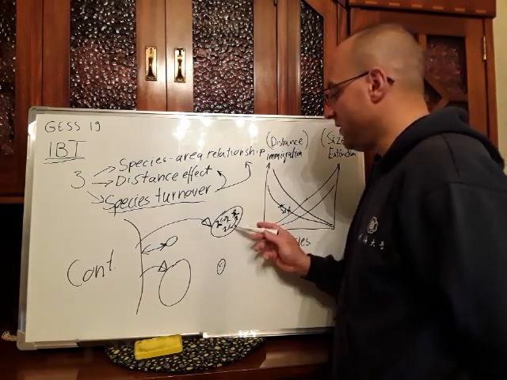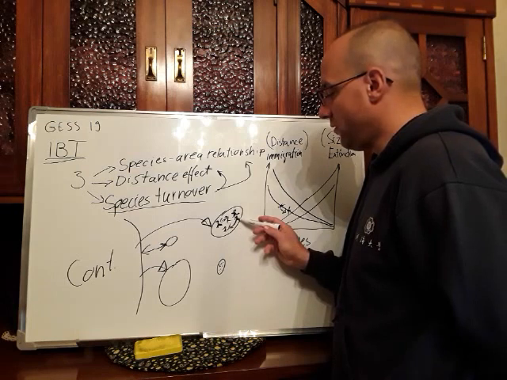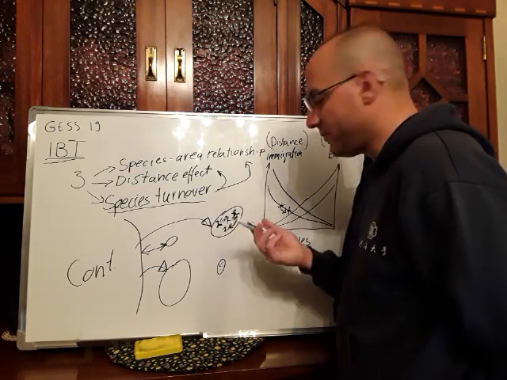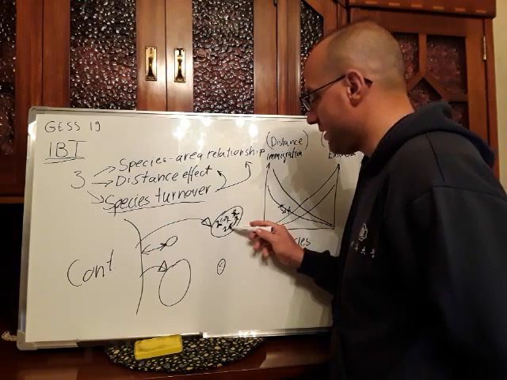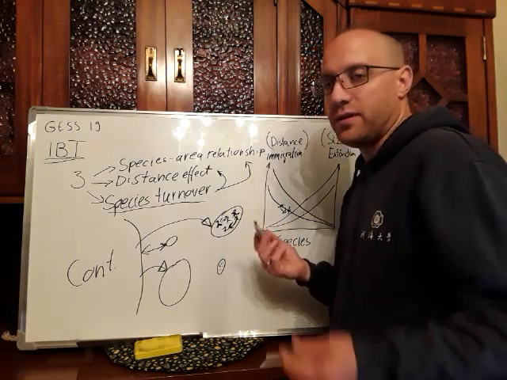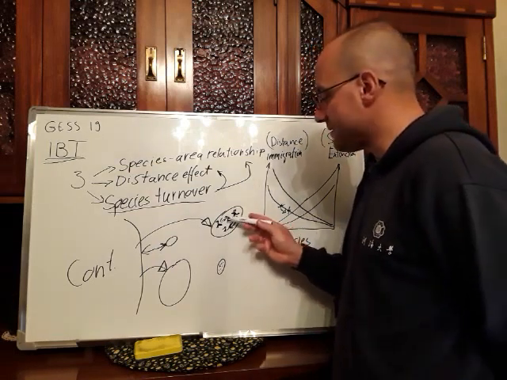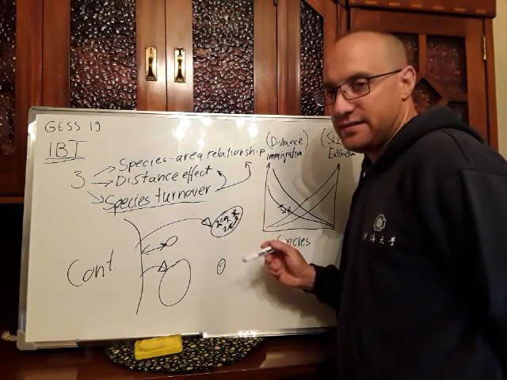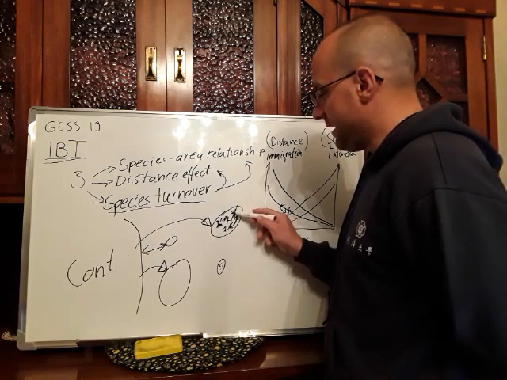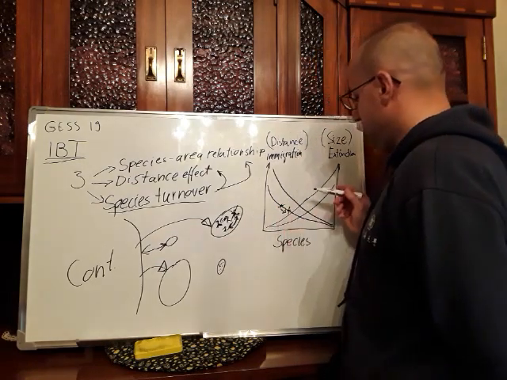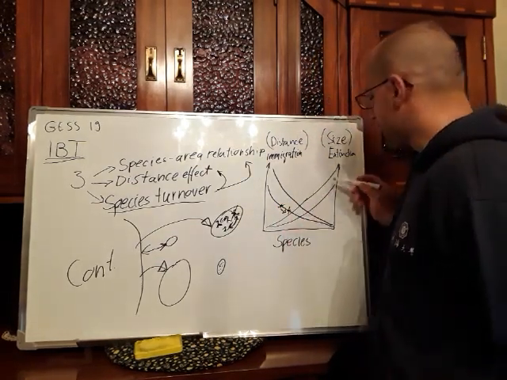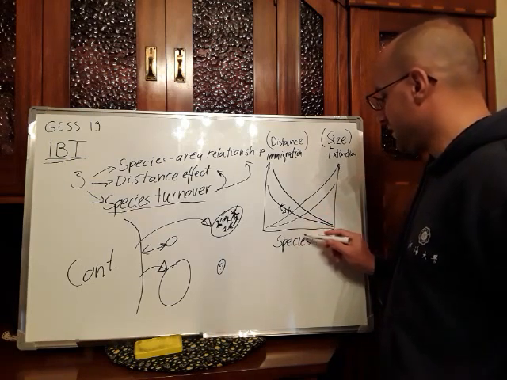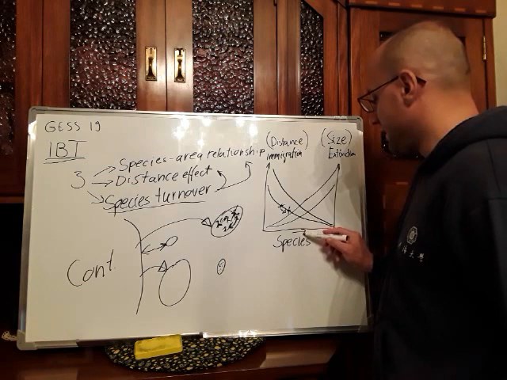Resources here not only means food, but also the habitat area itself, the number of possible nests or safe places available. So these would be competing against each other, which means that the more we have, the higher the chance that they would go through extinctions. So here species number is growing.